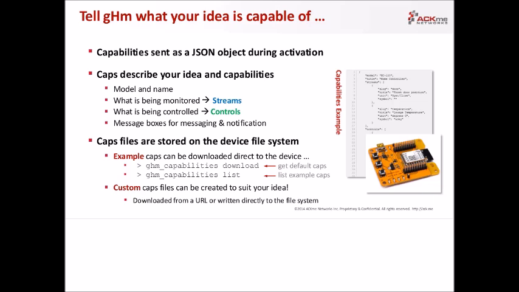And really, as I'll show you in a moment, it only takes a minute or less to get online. So yeah, you can easily create custom caps files. It's just text, with a little bit of formatting, using JSON.